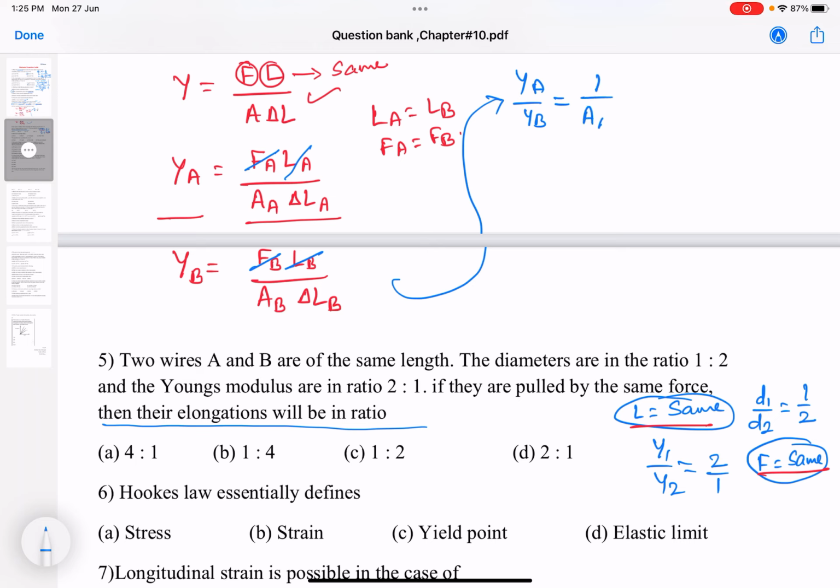So now pi by 4 gets cancelled. So here YA by YB, Y1 by Y2, is given as 2 by 1.